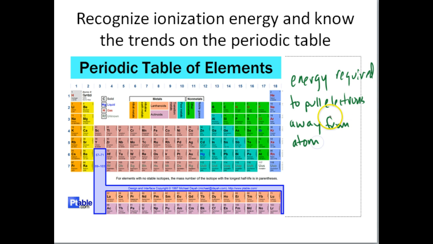When you pull the electrons away, you make them a cation or a positive ion. As you move down any column, the ionization energy is decreasing.